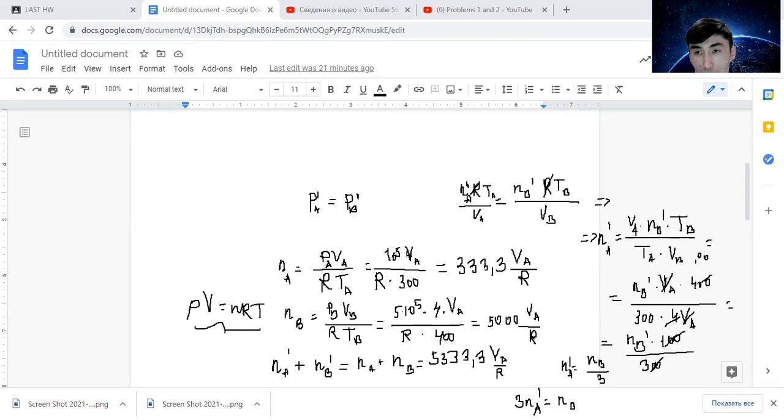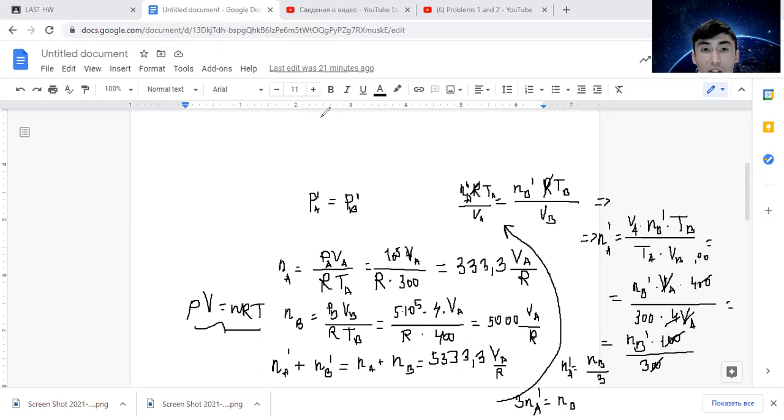So we found the expression for this number of moles. Now let's put this equation into the first equation.